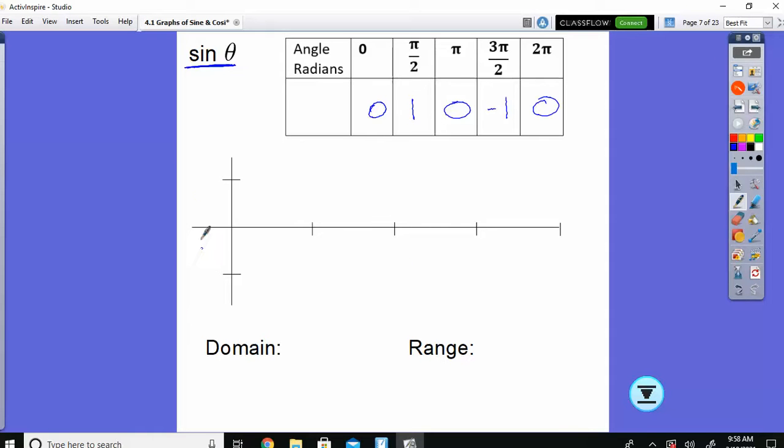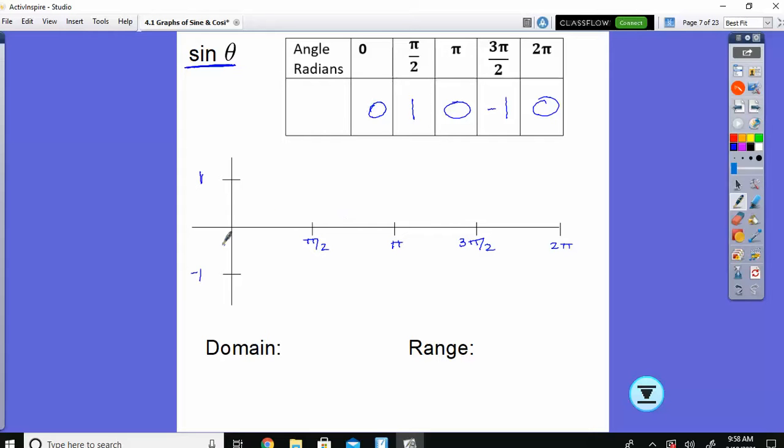Okay. So on my graph, my high point here is 1, my low point is -1. Then my x-axis are these angles. My 0, pi over 2, pi, 3 pi over 2, and 2 pi.